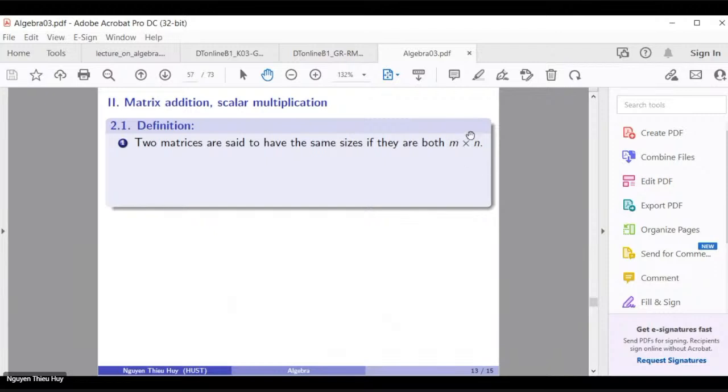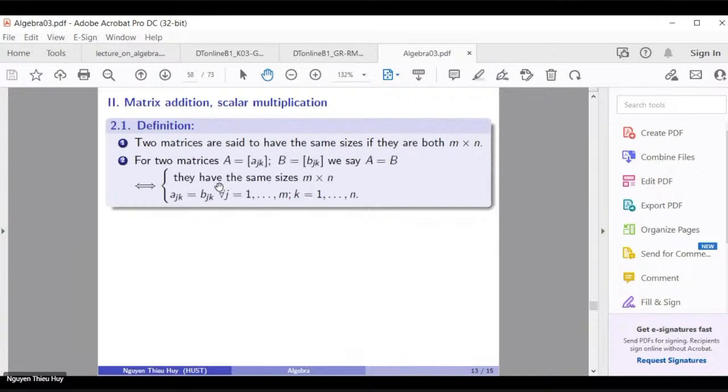When two matrices have the same size, then we can compare. If they are of different sizes, then of course they are different.